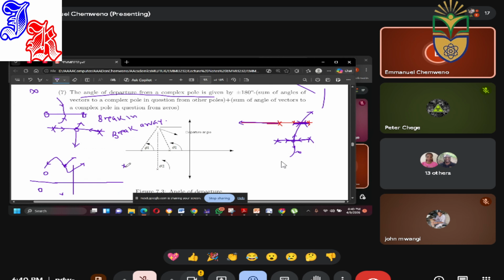this complex pole should take a direction, whether that direction or this, when it is either going to find a finite zero or a zero at infinity.